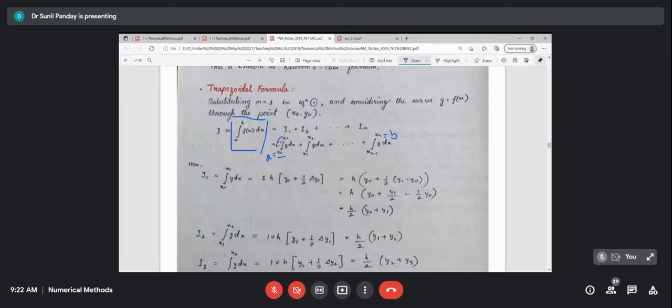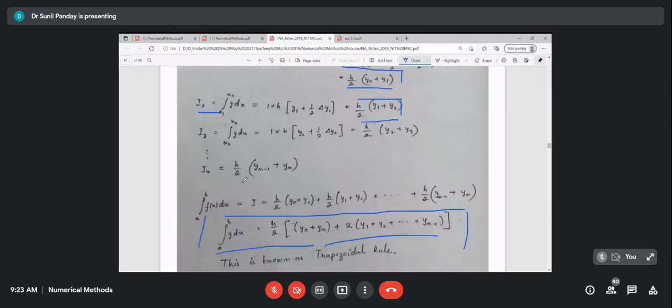Here xn is b and x naught is a. Then we applied the trapezoidal rule in each of these sub-integrals by taking n equal to 1 in our Newton Cotes formula. Finally we have I1 equals h by 2 (y naught plus y1), I2 equals h by 2 (y1 plus y2), and in the end In equals h by 2 (yn minus 1 plus yn).